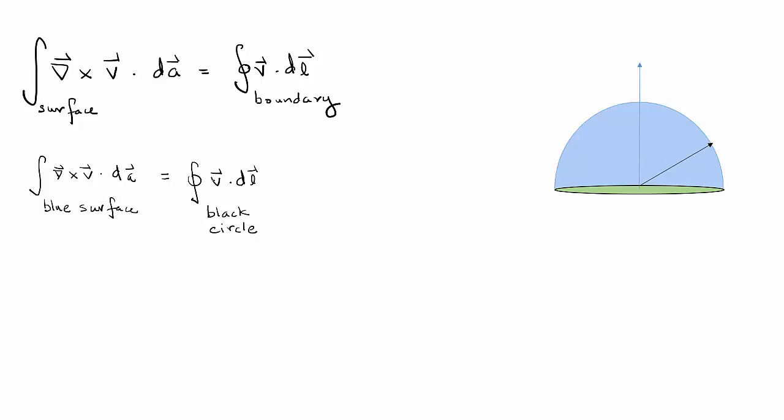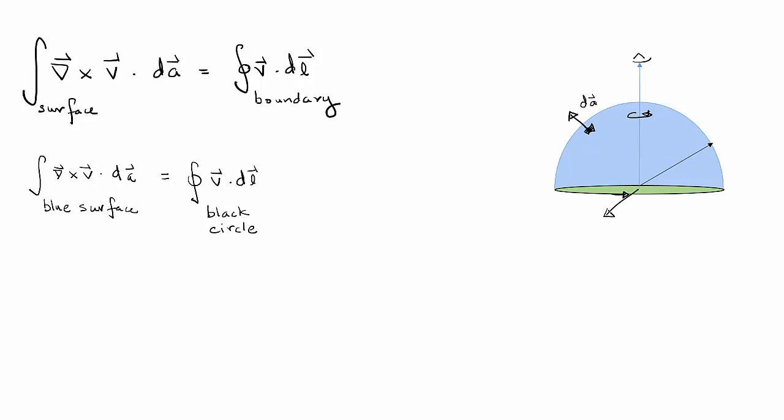Already here we have to talk about orientation. The orientation I would pick would be the outward normal for the blue hemisphere, which means the orientation here would be in the counterclockwise direction when viewed from the top here. Incidentally, that's the way I have drawn it.